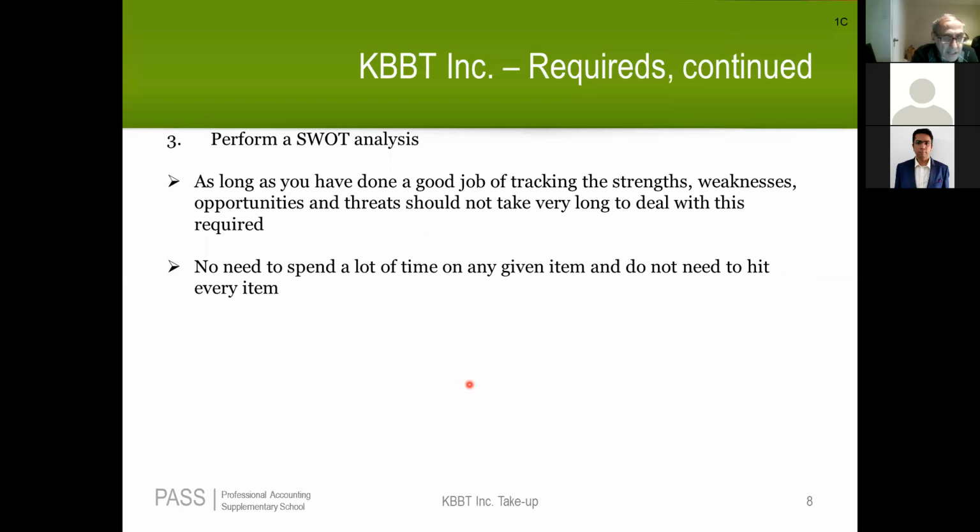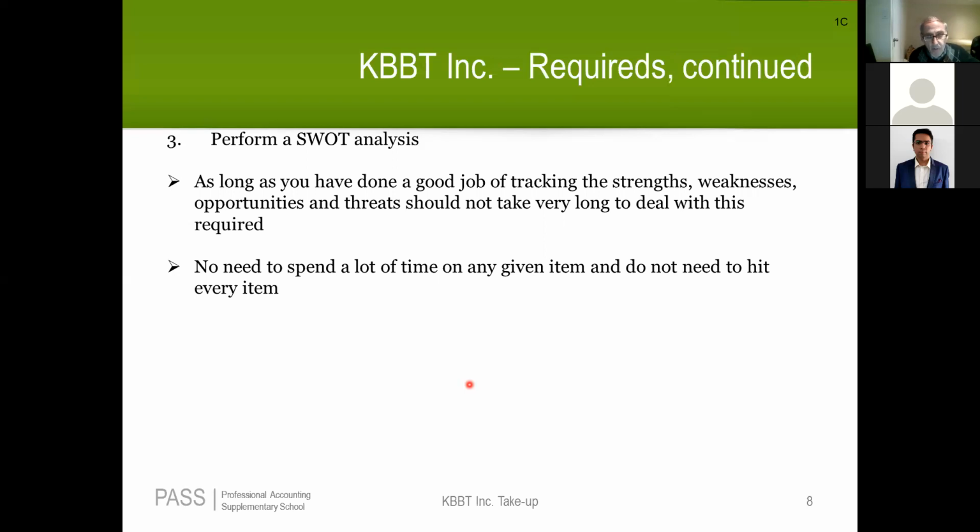For the SWOT analysis, as long as you did a good job of tracking the strengths and weaknesses and opportunities and threats, it shouldn't take very long to deal with this required. There's really no need to spend a lot of time on any given item. And also keep in mind, competent is not the equivalent of perfect. You don't have to hit every single strength and every weakness and every opportunity and every threat in order to get competent.